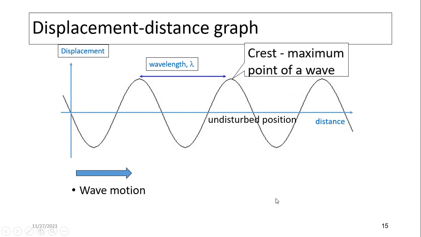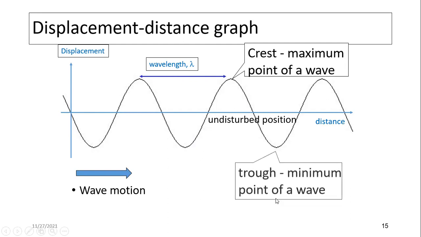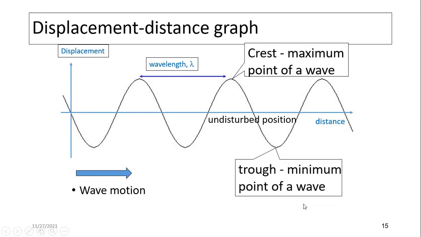That's your crest, the maximum point of the wave. Trough, the minimum point of the wave. And this is the amplitude, which we call the maximum displacement.